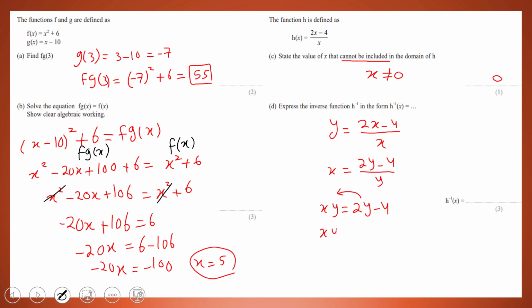So it will be xy minus 2y equals minus 4. Then take the y as a common factor, so it will be y times x minus 2 equals negative 4. Then y, or y inverse now, will be negative 4 all over x minus 2. So h inverse is negative 4 all over x minus 2.